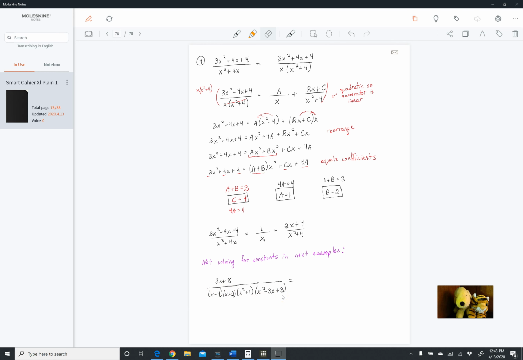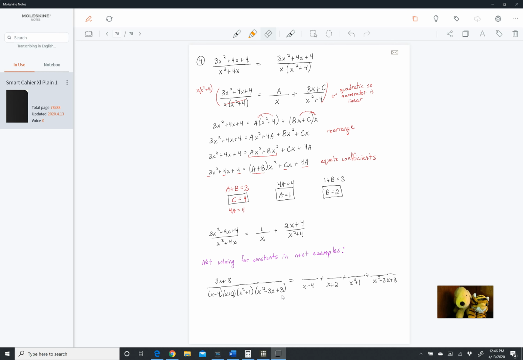So we have 3x plus 8. So the first denominator is going to be x minus 4. Again, the order doesn't really matter because you're adding, but we may as well do it in the order it was given to us. X plus 2, then we have x squared plus 1, and we have x squared minus 3x plus 3. So you should be seeing if you could fill in the tops. Okay.